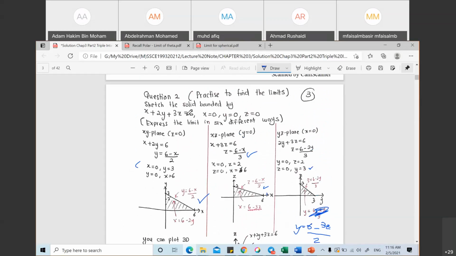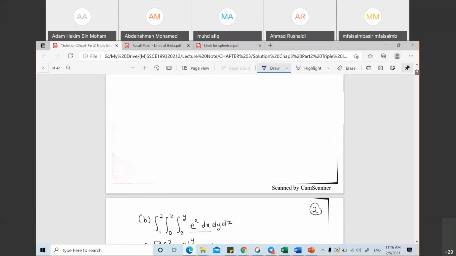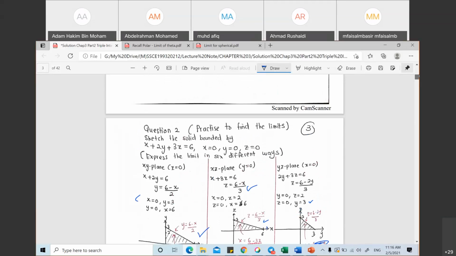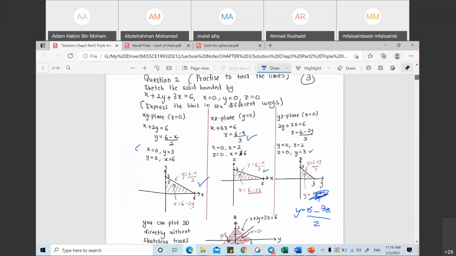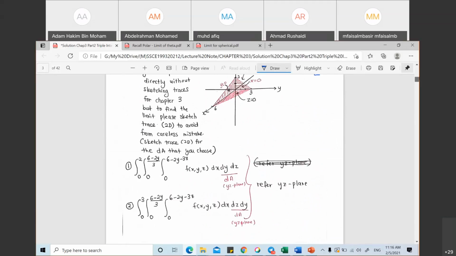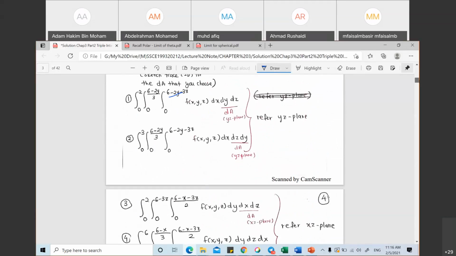That is 6 minus x minus 2y over 3. Sorry, this is x. So x is equal to 6 minus 2y minus 3z, which is correct.